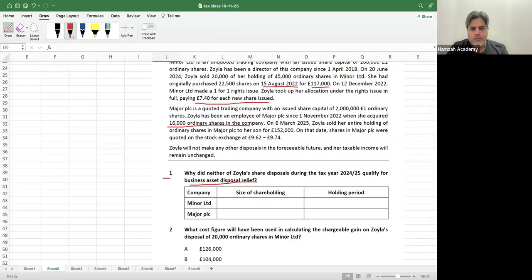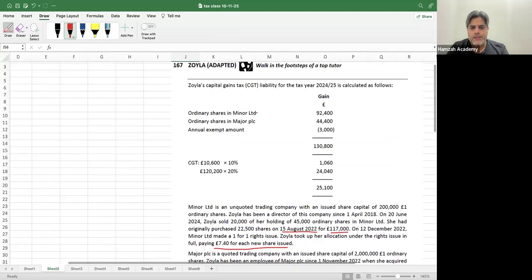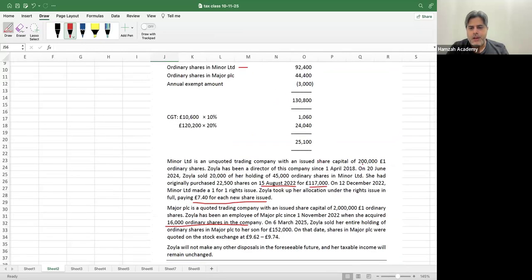So if I look over here at Minor Limited, an unquoted company with an issued share capital of 200,000, Zoila has been a director of the company since 1st April 2018, and she had originally purchased the shares on 15th August 2022.